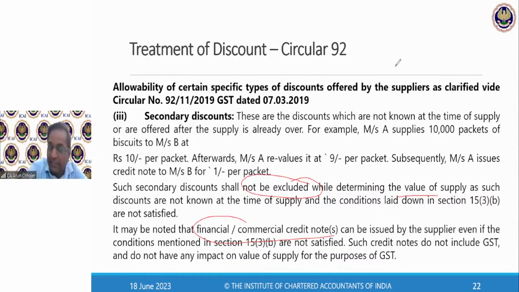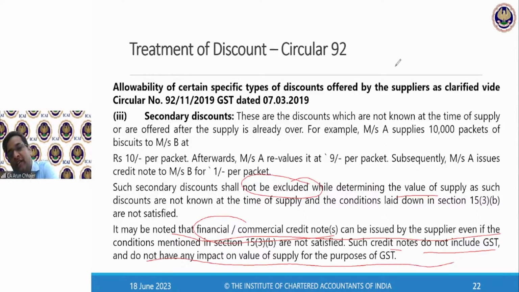So they are saying it may be noted that a financial credit note can be issued even if the conditions of 15(3)(b) are not satisfied. Such credit notes do not include GST. We have already discussed, and they do not have an impact on the value of the supply for the purpose of GST. Is it clear? एक बार confirm करना.